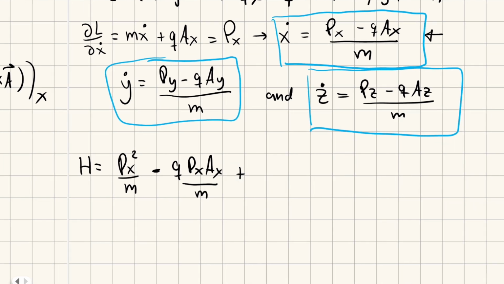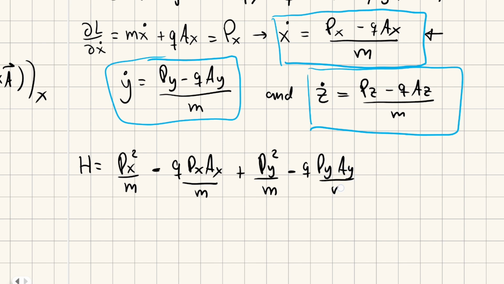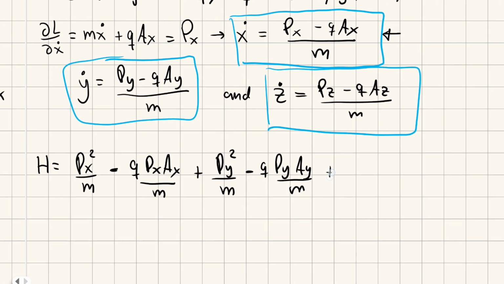Okay, and then plus, we will have the same but now for y, right? So it will be py squared divided by m minus q py ay divided by m, and then for the z we will have pz squared divided by m minus q pz az divided by m.